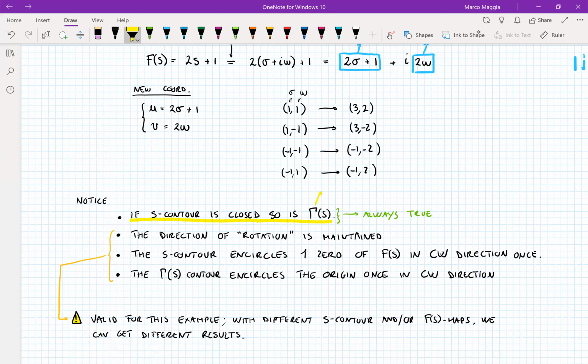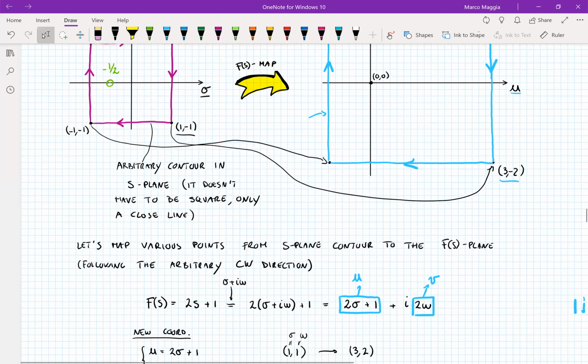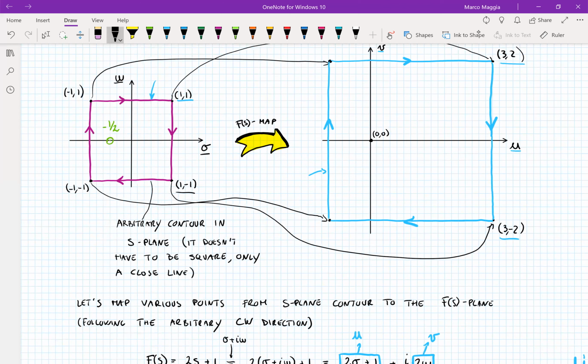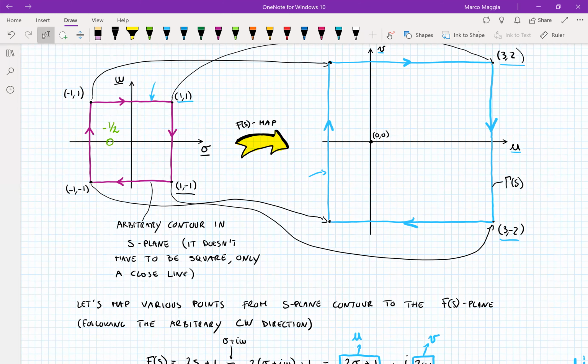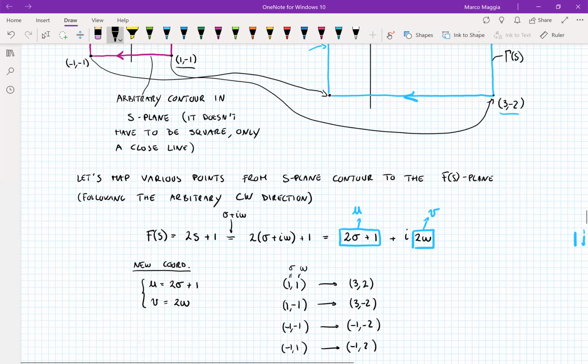Here I'm using this capital gamma to indicate the contour. Sometimes that's what's used. So capital gamma of s is just a contour in the f of s plane. So this is a general rule. If you start with a closed contour in the s plane, you're going to find a closed contour in the f of s plane. That's always true, always valid. And so keep that in mind.